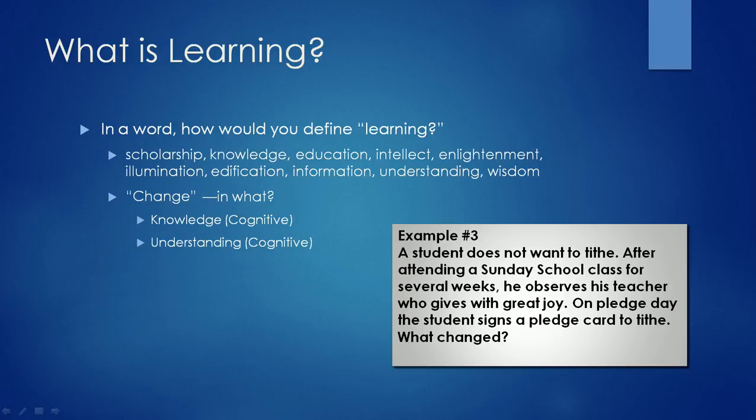But the key here is the student did not want to tithe, and afterward, after seeing the example by his teacher, he willingly, voluntarily signed that pledge card. So there is some change in the student's attitude, which is in the affective domain, what deals with attitudes and values.